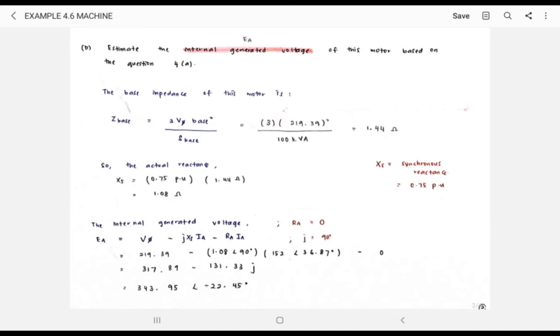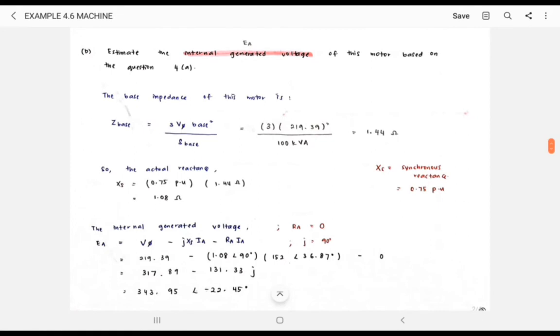XS is the synchronous reactance, which is the value given in the question, 0.75 per unit. For XS, we will find the actual reactance, so we convert to ohm, and we get 1.08 ohm.